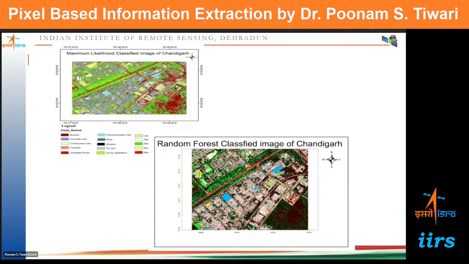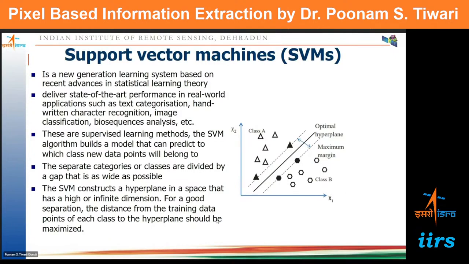Here I have done a random forest classification and a maximum likelihood classification, and what we have observed is that many features which were not clear with the maximum likelihood have been classified very accurately using the random forest classifier.